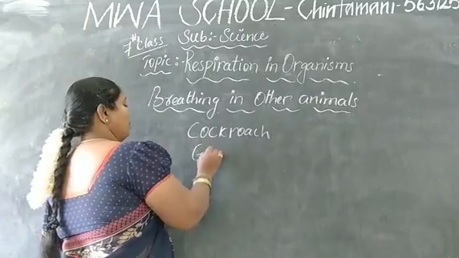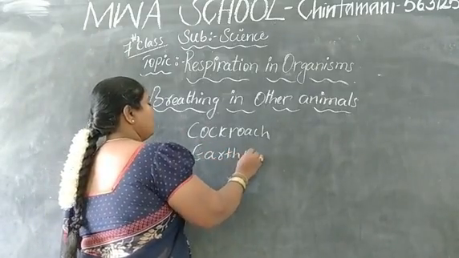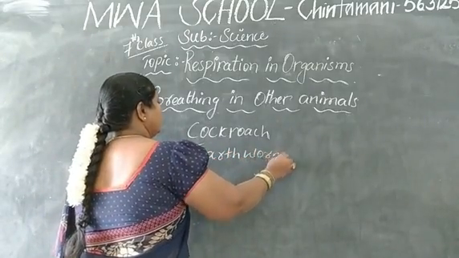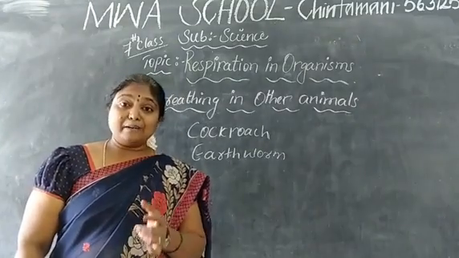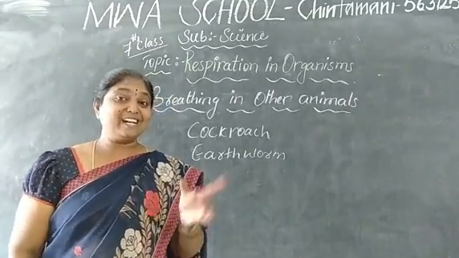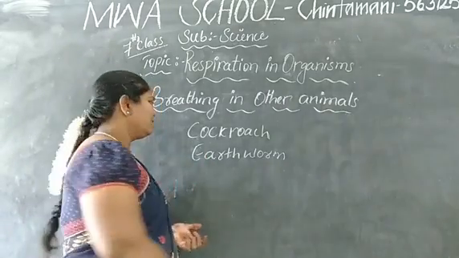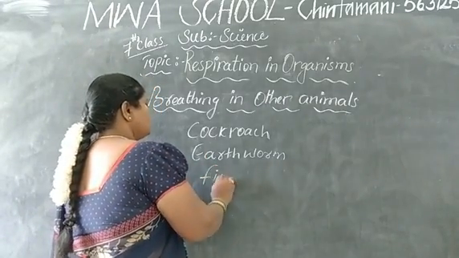Then the earthworm, where will it be? In the soil. What is the speciality of the earthworm? We call it the farmer's friend. Then what about fish? How do they breathe?